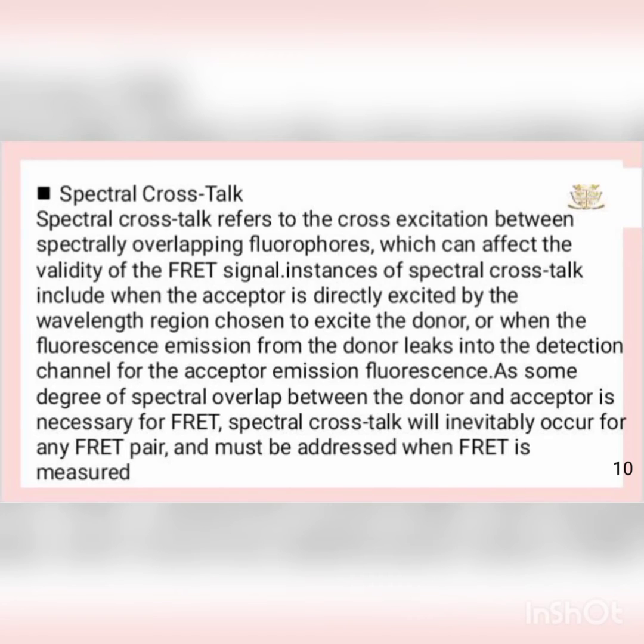As some degree of spectral overlap between the donor and acceptor is necessary for FRET, spectral crosstalk will inevitably occur for any FRET pair and must be addressed when FRET is measured.